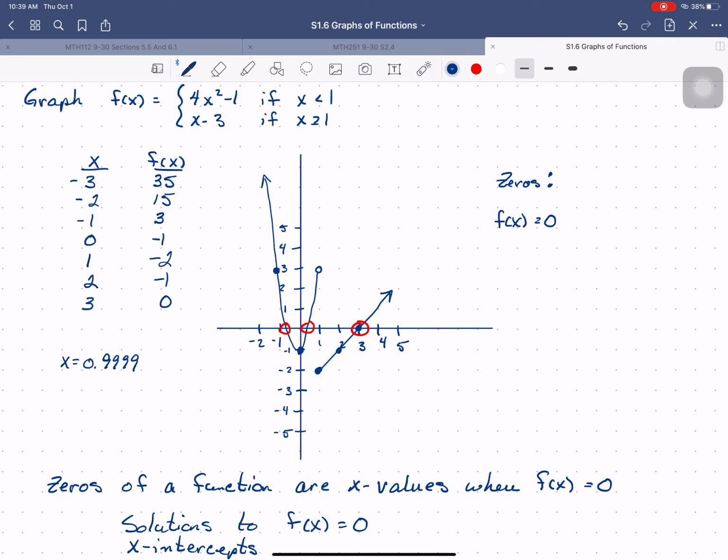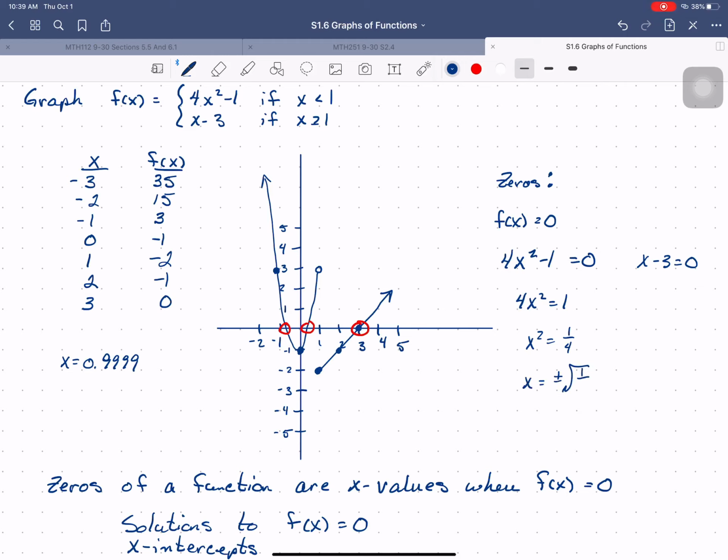And because this is a piecewise defined function, that means we're looking at a solution to 4x squared minus 1 equals 0 and x minus 3 equals 0. Solving the first one, we add 1 and we get 4x squared equals 1. We divide by 4 and we get x squared equals 1/4. Take the positive and negative square root.